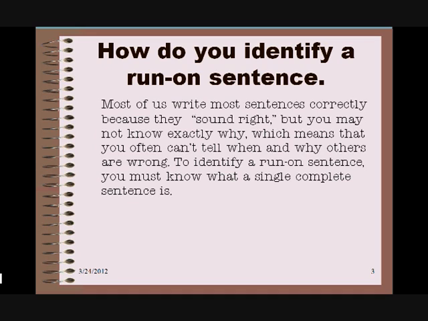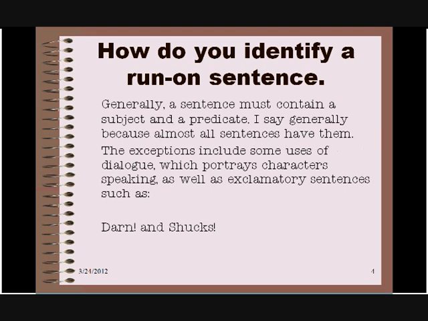So you need to understand exactly what a single, complete, correctly written sentence is, in order to be able to tell that you put two correctly written sentences together. So we'll go on and learn that part of it.